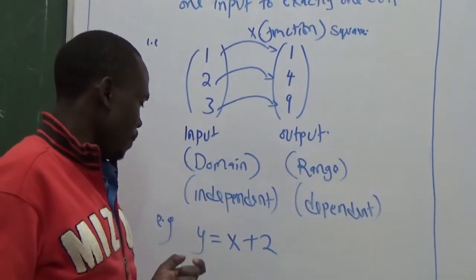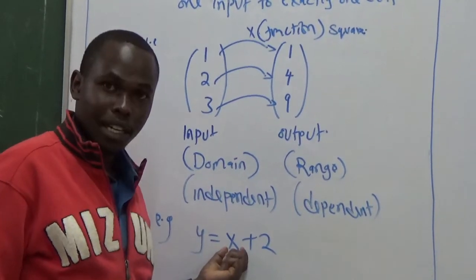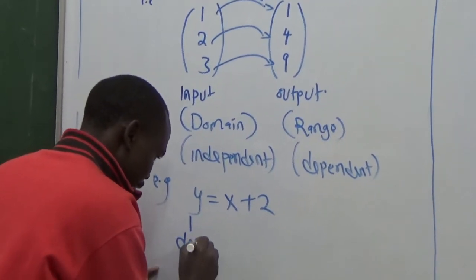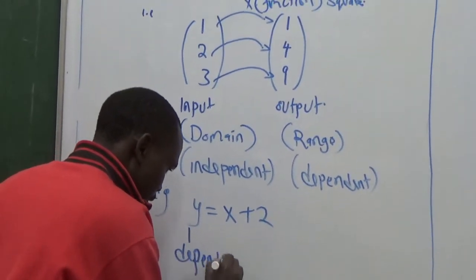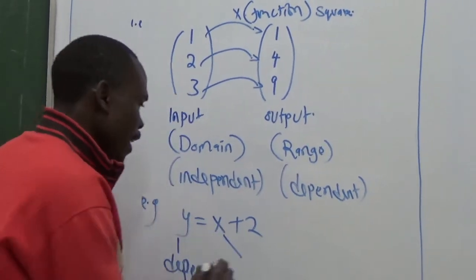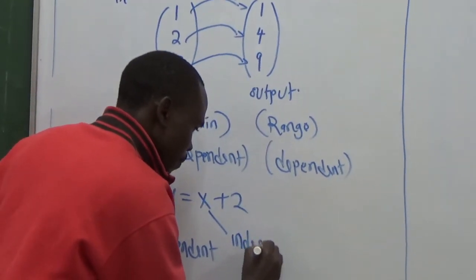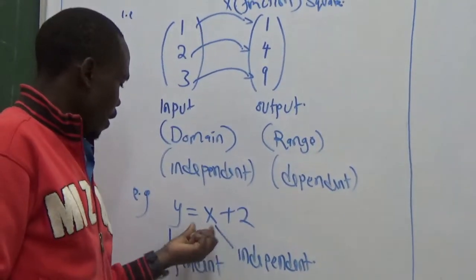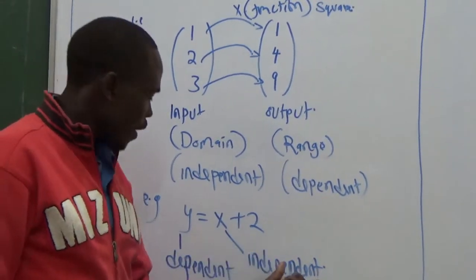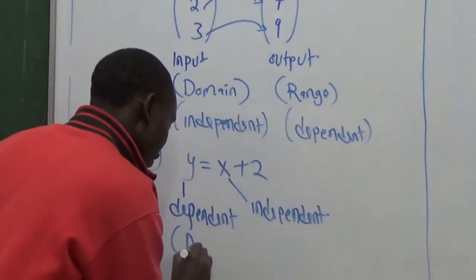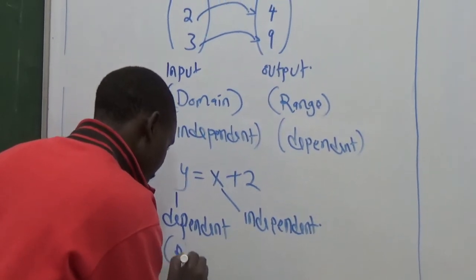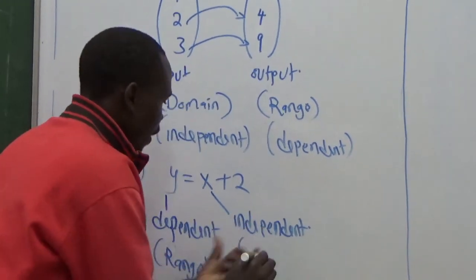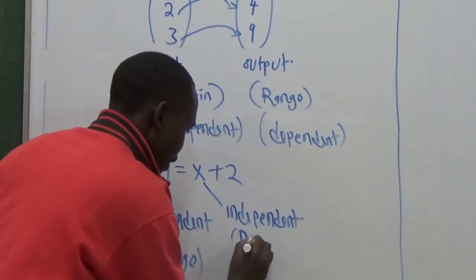This one is our dependent, and the value of x is independent. The value of y depends on the value of x, meaning y is our range, and x will be our domain.